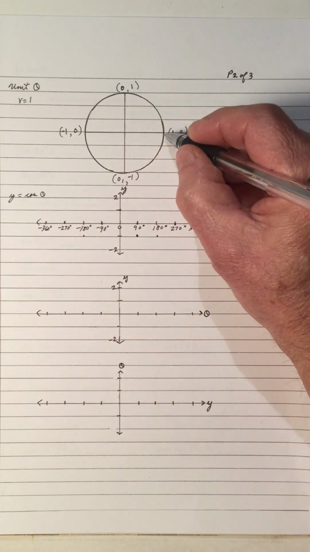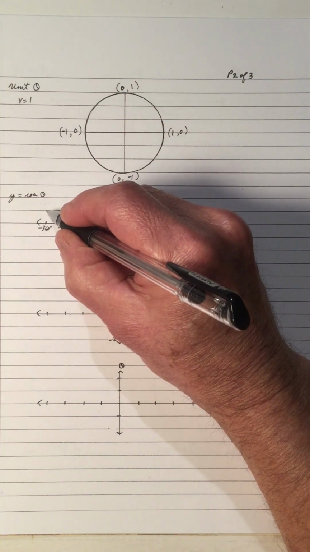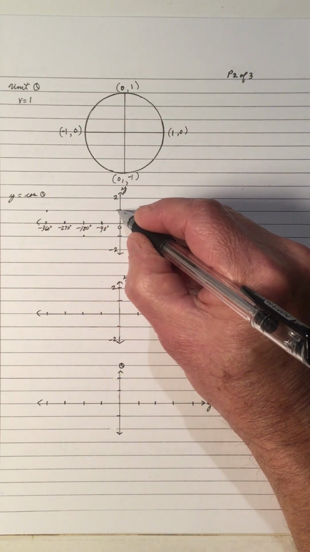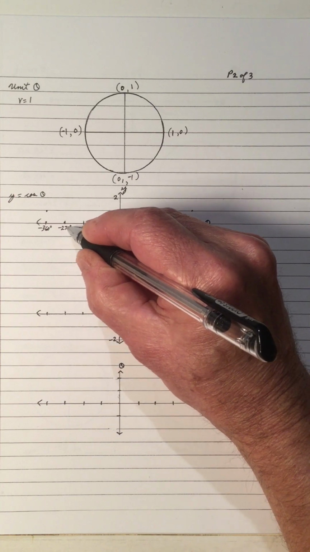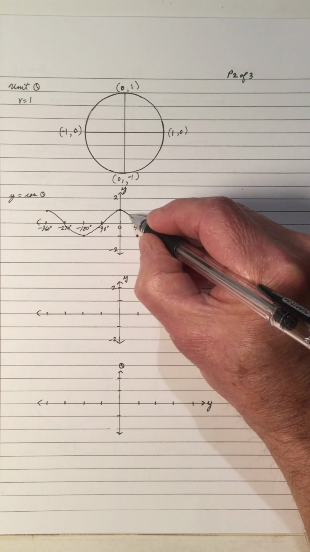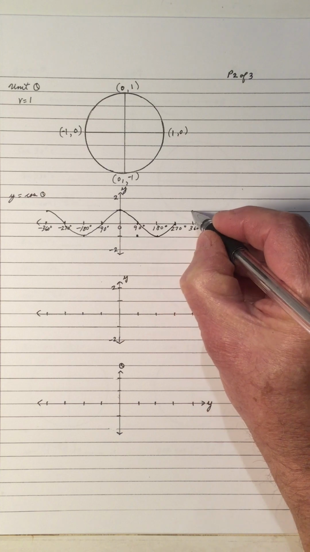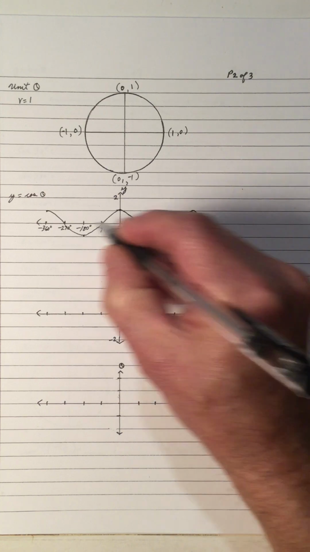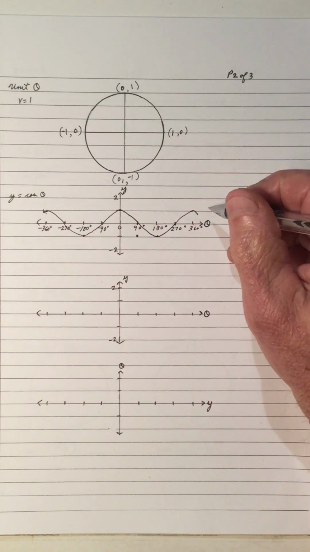And if you're at a negative 360, which is all the way around, x is 1. So the cos graph comes down from 1 to 0 to negative 1, back up to 0, back up to 1, and this continues on. So that's the cosine graph.